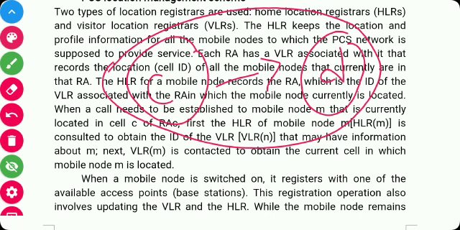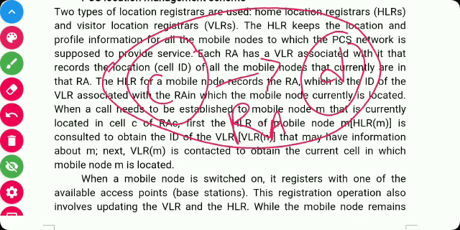In this case only the VLR is updated to indicate in which cell mobile node M is currently located. This helps when mobile node M needs to be located. So there is no need to contact the HLR; only the VLR is updated.